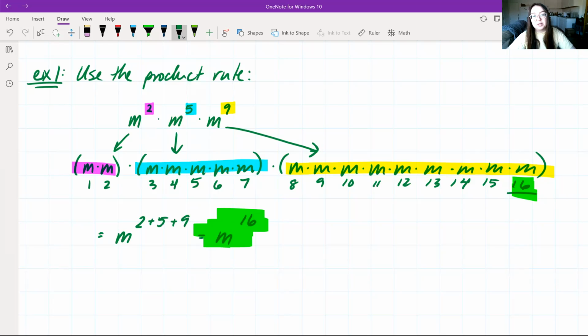So whether you want to expand out your exponents, you can go ahead and do that if that makes it easier, and then just count them all individually. But our product rule does state that we can just add our exponents if we have the same base. So our m to the power of 2 times m to the power of 5 times m to the power of 9 just becomes m to the power of 2 plus 5 plus 9, which will give us m to the power of 16.